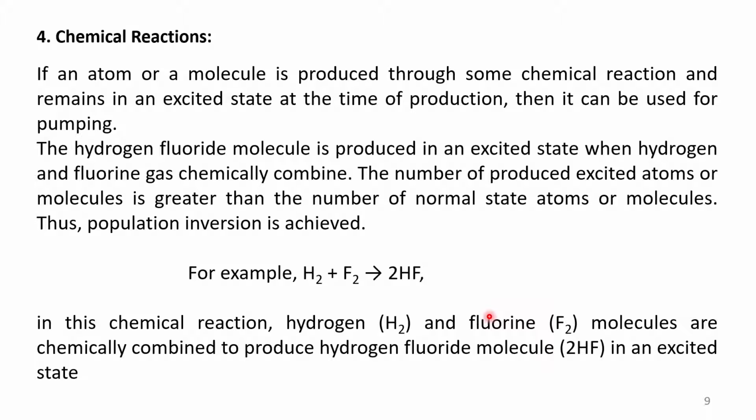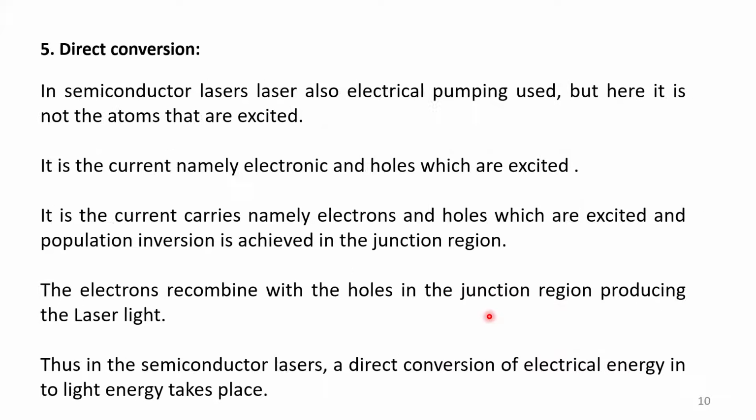In this way, through that chemical reaction, we can achieve the population inversion. So such a type of pumping method, that is the chemical reaction, is used in chemical types of lasers.